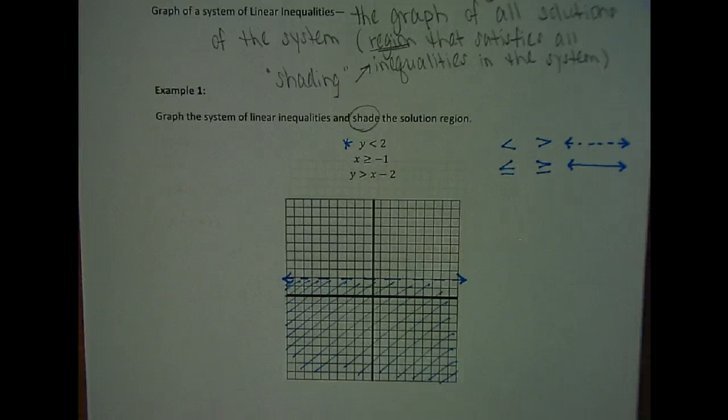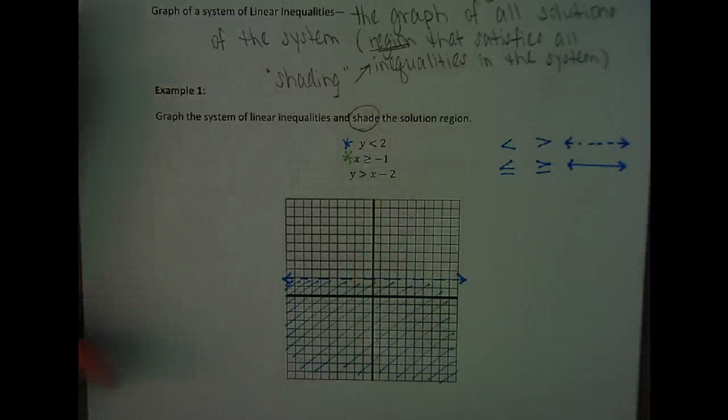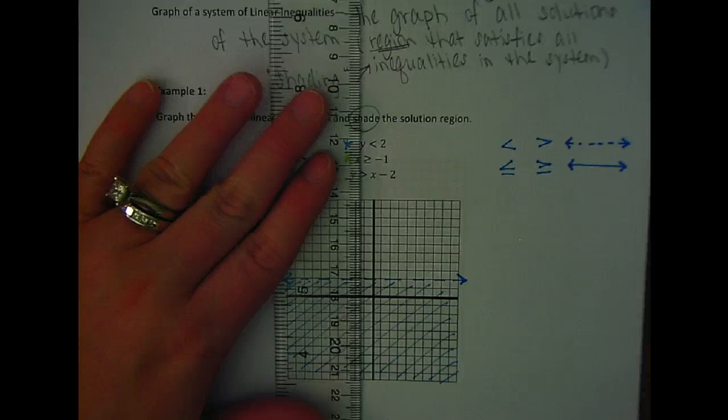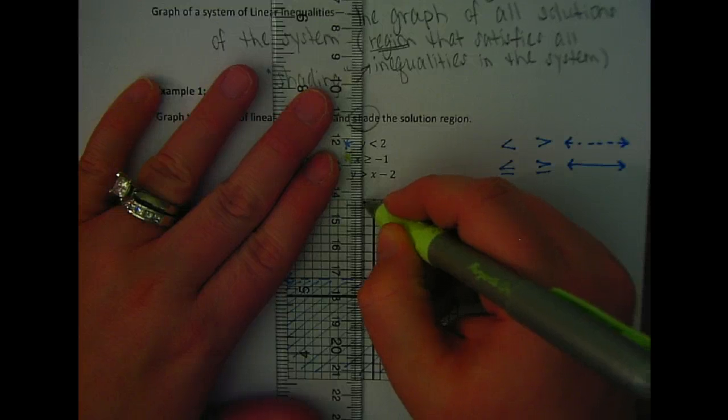Okay, I'm going to switch colors here and use a green to show you that x is greater than or equal to -1. So x equals -1 would be a vertical line at -1. So I'm going to go to -1 here, and since it's equal to, I can draw a solid line.